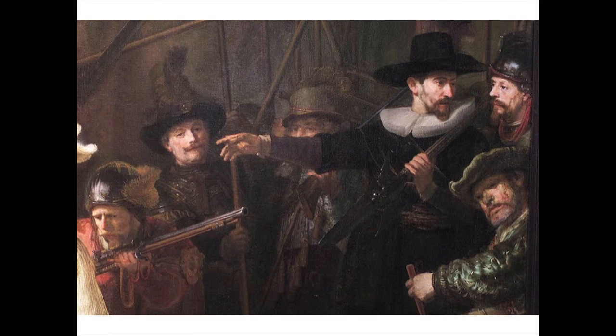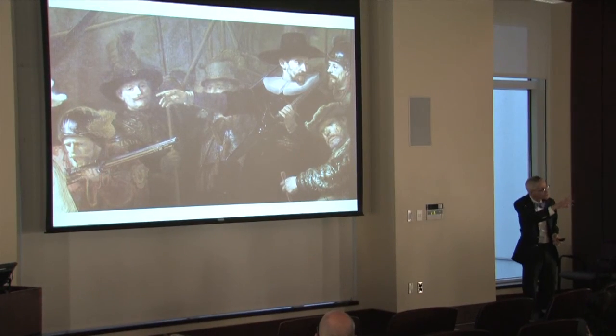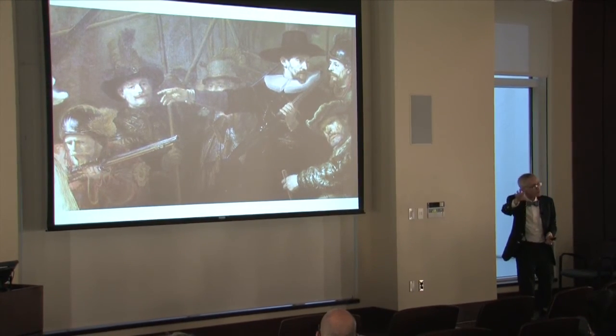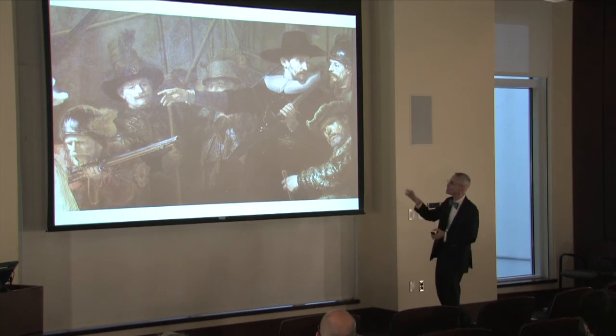So they are falling into marching order to the sound of a drum. It's a very noisy picture when you look at it closely. Oh, and the other thing is it was recently cleaned. And when they cleaned it, they discovered that Rembrandt had painted puffs of smoke that drift between the men as they march forward. So it's a brilliantly painted picture.